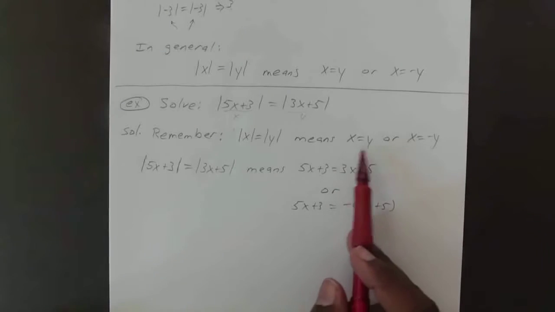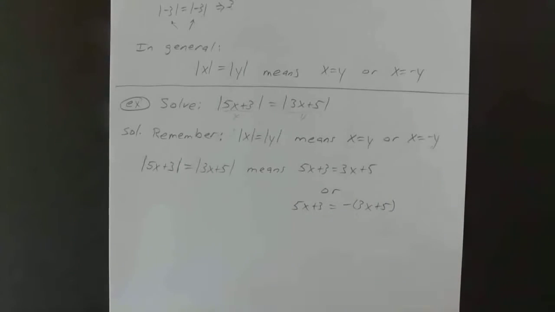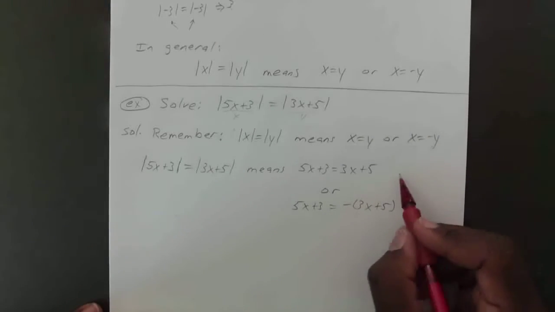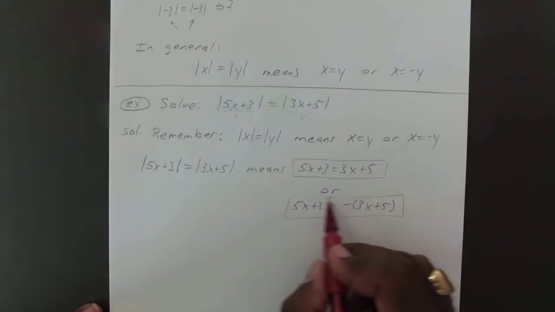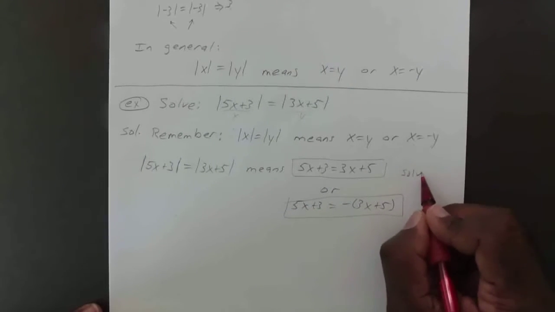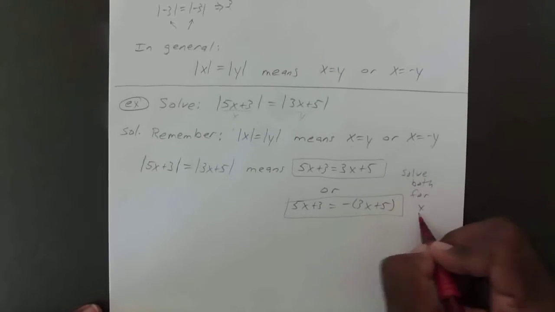So the two values inside the absolute values can be equal, or they can have opposite signs. So that's set up, and we do the exact same thing, we just solve both for x.